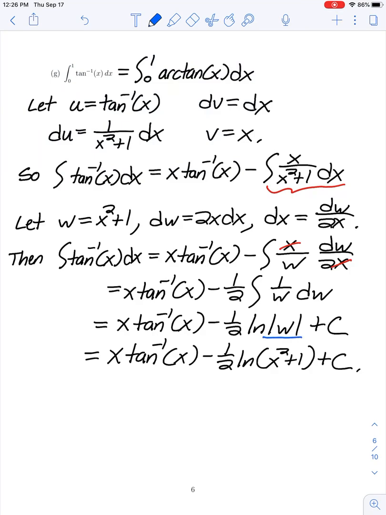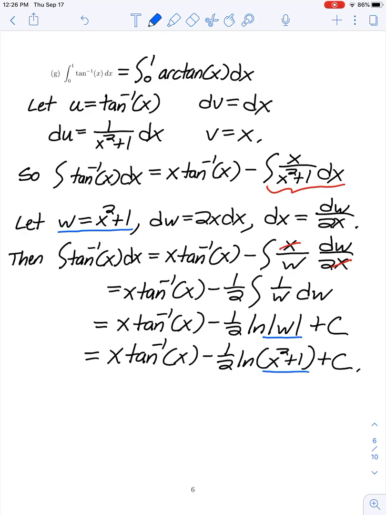Well, I'm taking the absolute value of w, but w was x squared plus 1, which is always positive. Remember, x squared is always at least 0, so if I take that and add 1, I get something which is always at least 1. So I don't need the absolute value there. This value for w is always positive, so I can drop the absolute value.